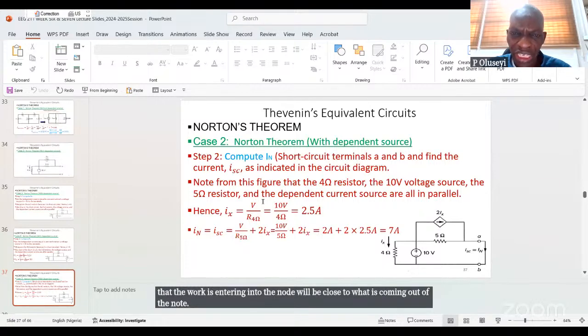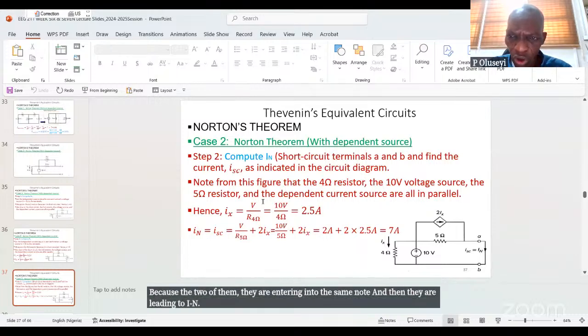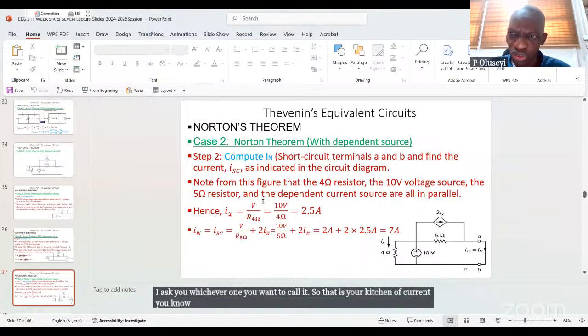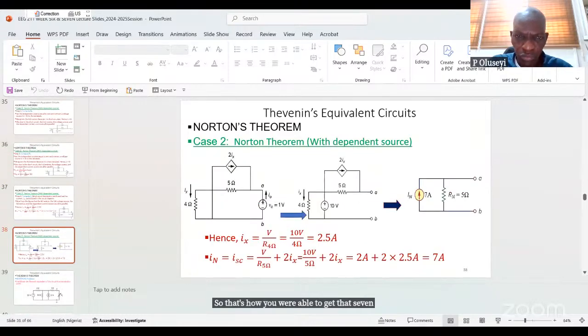And that's how we were able to get V over R, 5 ohms, plus 2 Is, because the two of them are entering the same node and then leading to IN or ISC, whichever one you want to call it. So that is your Kirchhoff's current law. What is entering a node must be equal to what is coming out of the node. So that's how you were able to get that 7 amps.